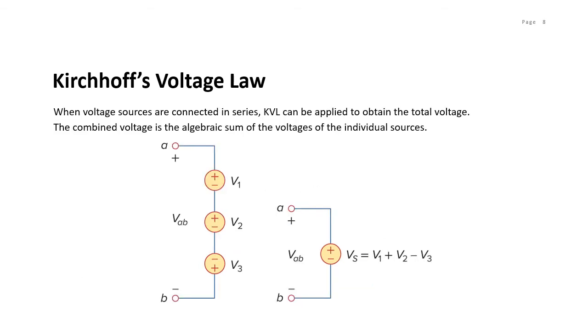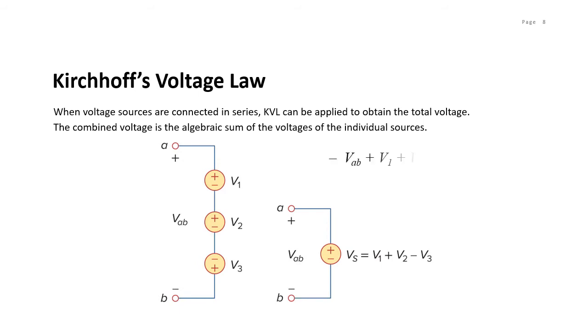When voltage sources are connected in series, KVL can be applied to obtain the total voltage. The combined voltage is the algebraic sum of the voltages of the individual sources. For example, the voltage sources shown in the figure on the left, and we can see the combined or equivalent voltage source on the right, and this is obtained by applying KVL.